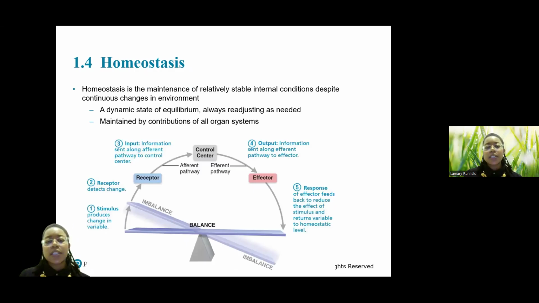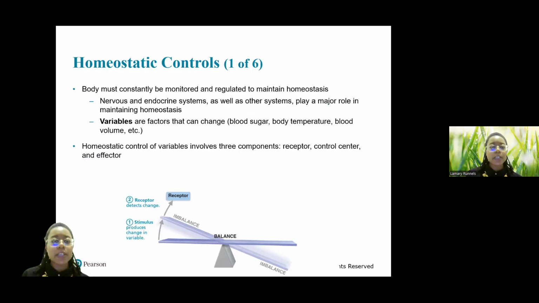So homeostasis is basically how the body maintains an internal condition, which is stable or within a specific range for that human to operate efficiently. What happens is you have your stimulus, and that produces a change in a variable.